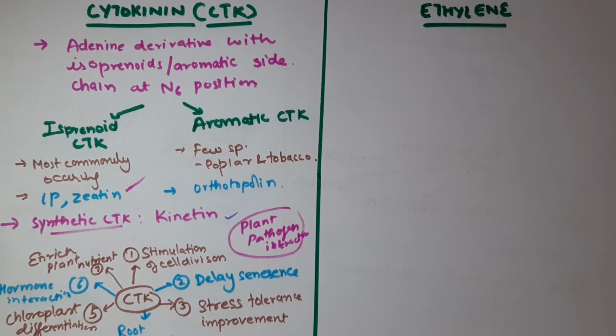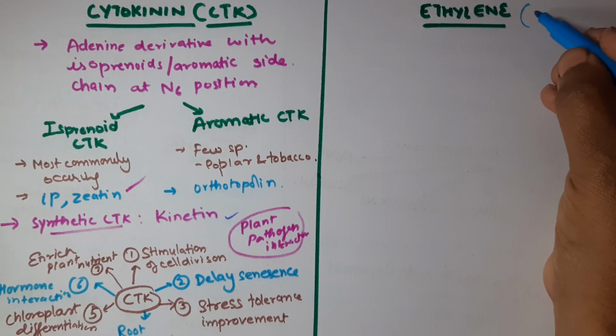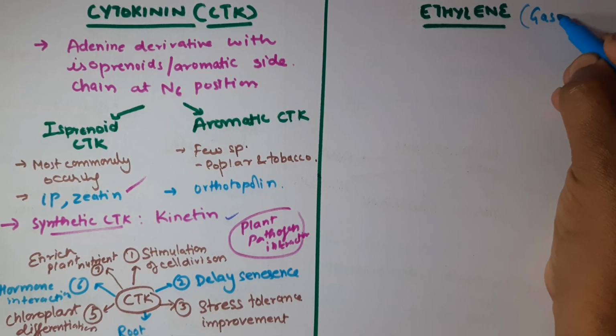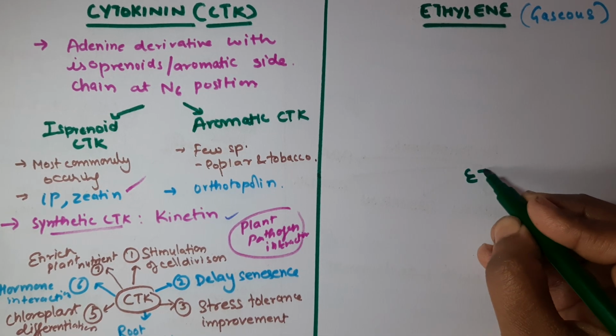So the next hormone we are going to talk about is ethylene, and it is also a natural phytohormone. The most important thing associated with ethylene is that it is the gaseous hormone. So let's come quickly to the function of ethylene.